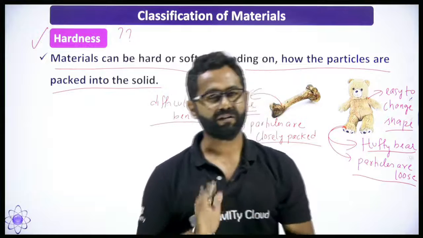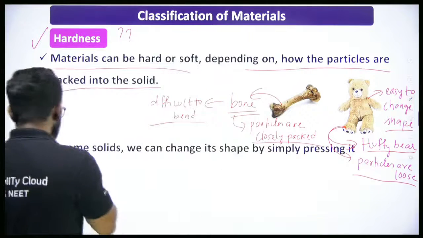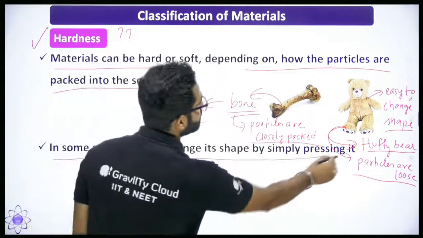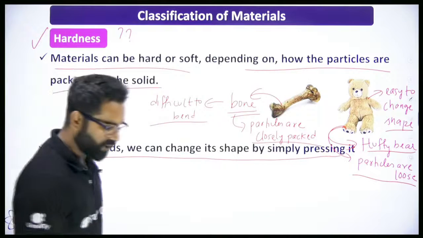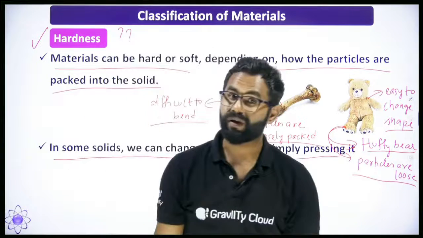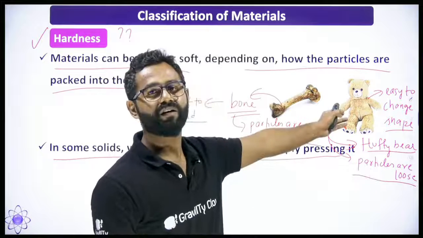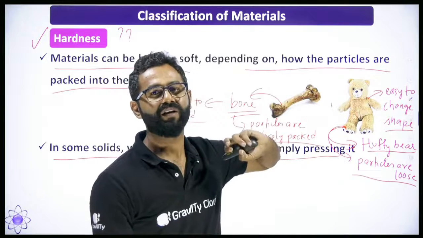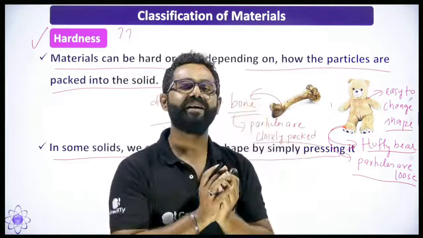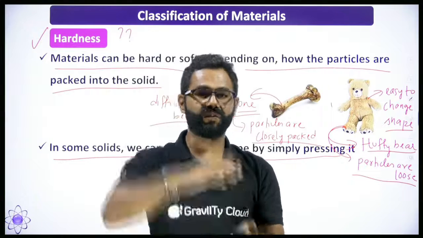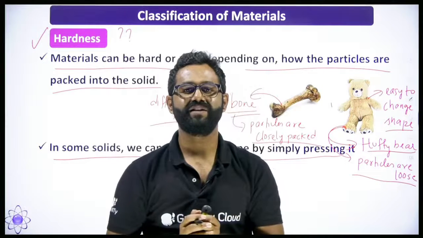Simple, right? Also, in some solids, we can change the shape by simply pressing it. Like here, in the case of the fluffy bear, you can just press the bear and its size will decrease from this much to this much, right?